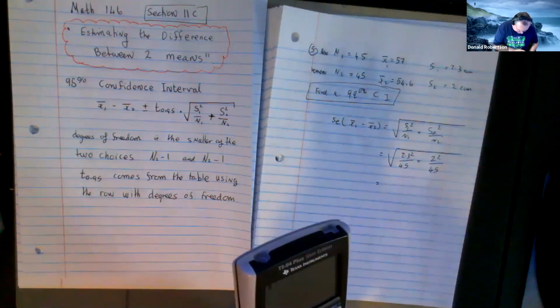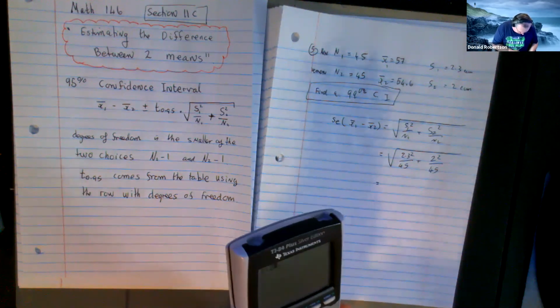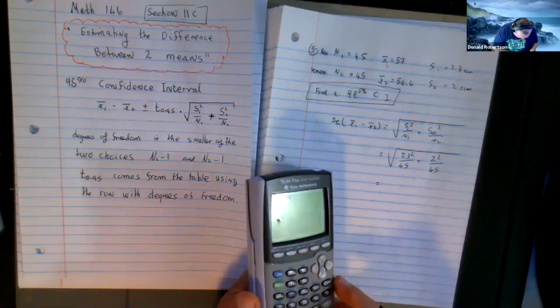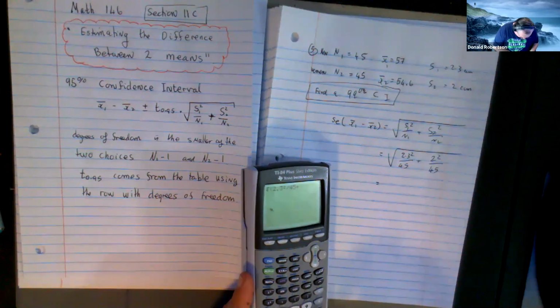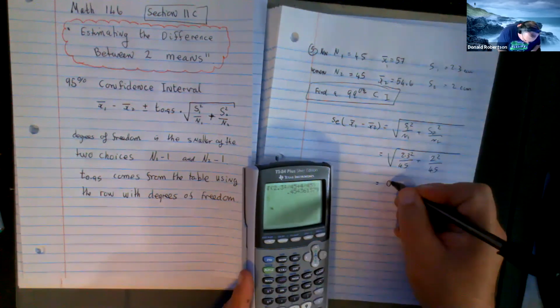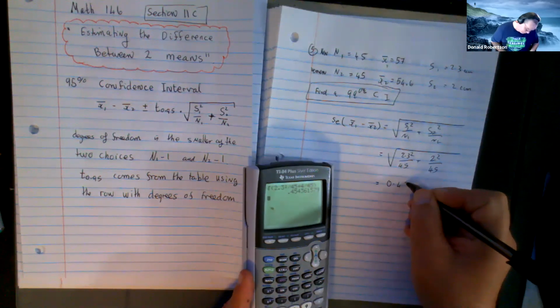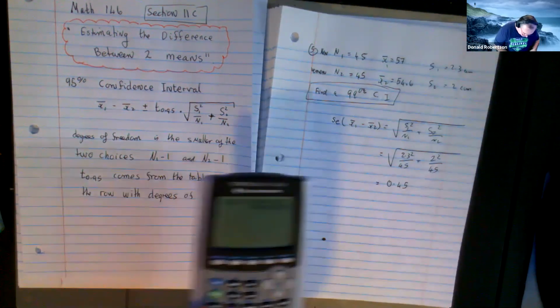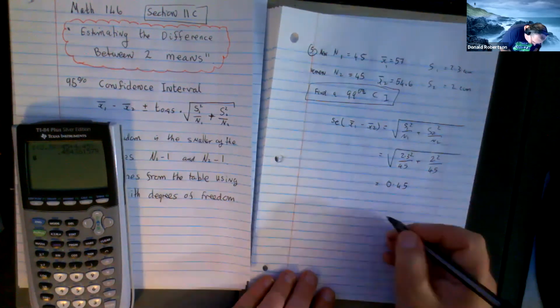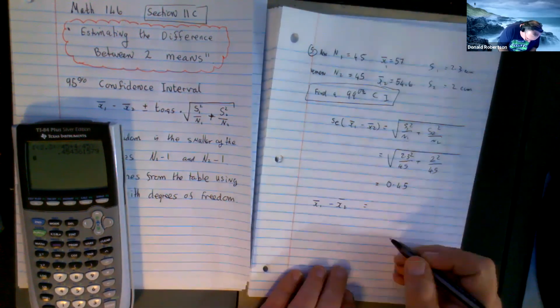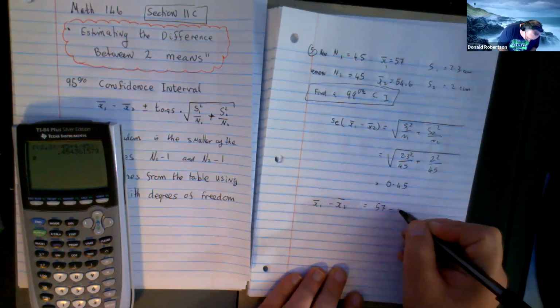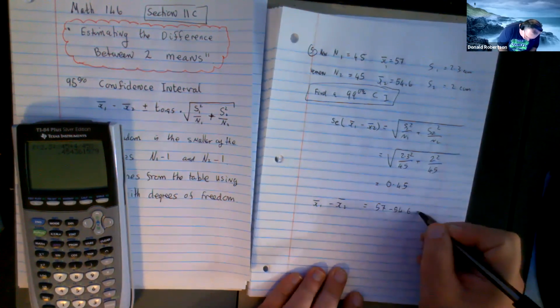So I get the square root of 2.3 squared divided by 45 plus 2 squared divided by 45, and I get about 0.45. And I'm going to get the difference, which is what, 2.4.